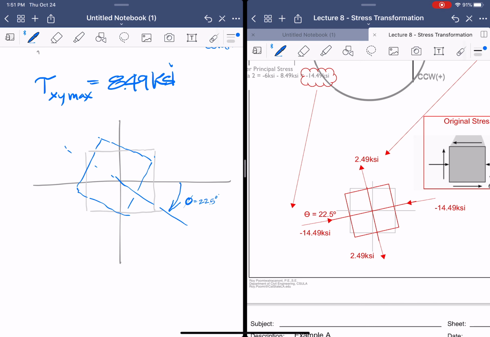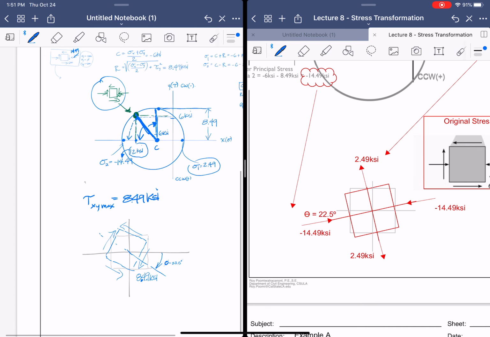Great. So what it also means is that our shearing stresses are also occurring, and we know that it goes this way, that way, this way, this way, and that's 8.49 KSI. Again, we have to look at how we know whether it was a downward arrow or an upward arrow for the shear.